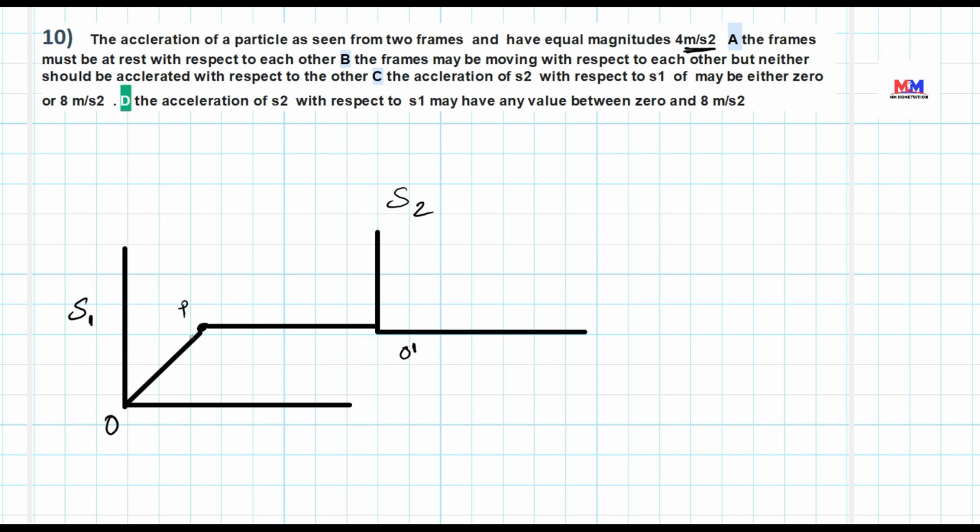So this is OP and this is P to O dash. This is the acceleration of P with respect to S1. This is the acceleration of P with respect to S2.